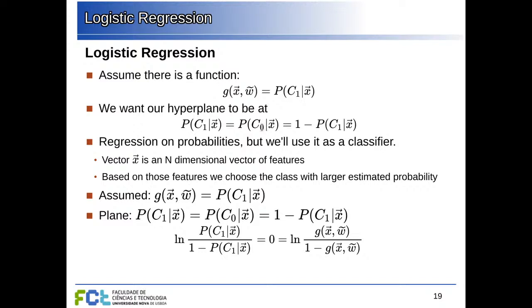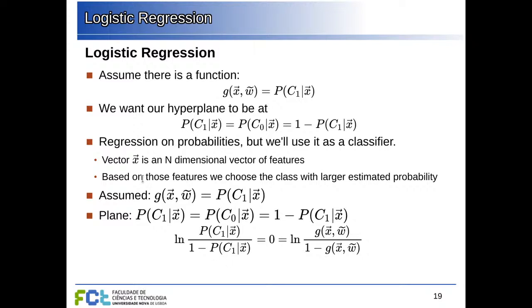So where the probability is the same is where we're going to split the two classes here. And since these are probabilities, the probabilities are the same of these two events, which are mutually exclusive, when the probability of belonging to class 1 is the same as 1 minus the probability of belonging to class 1, because this is 50% on either side.